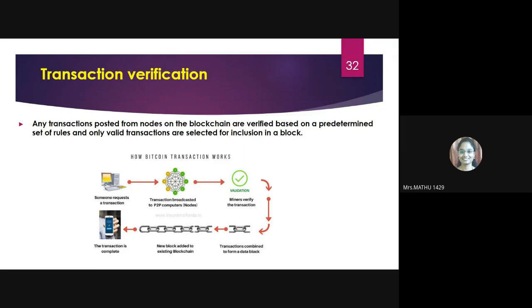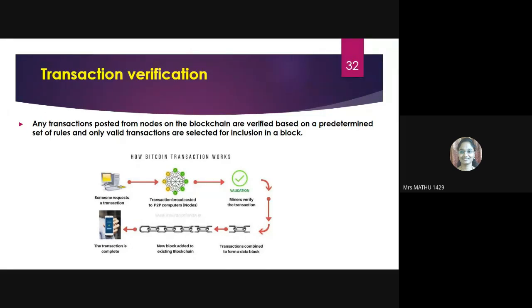The next one is transaction verification. This feature in blockchain technology means that once a transaction happens, it will be broadcast to all the nodes in the network. Every node, or rather there are some mining nodes, and we will study the mining nodes in detail in the later modules.